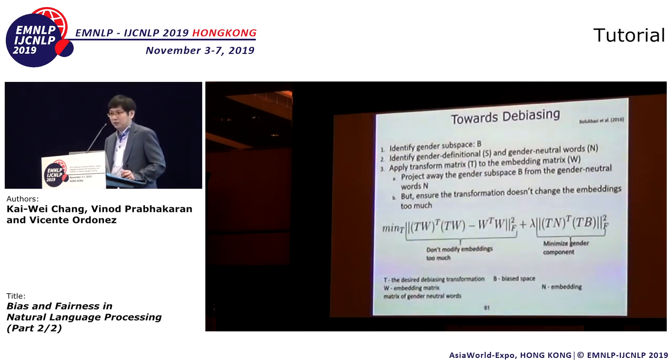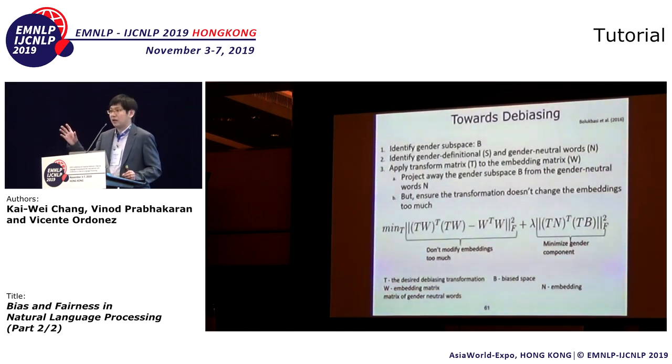So this is another way to do this, and you can write this bias elimination process as an optimization problem. Basically you want to do two things. One is you want to learn a transformation matrix such that after the transformation, you still have the same similarity between words in the embedding space. This is basically the first term I show on the left. On the other hand, you want to project out the gender bias for certain words.